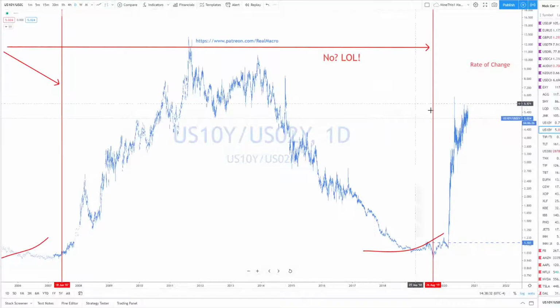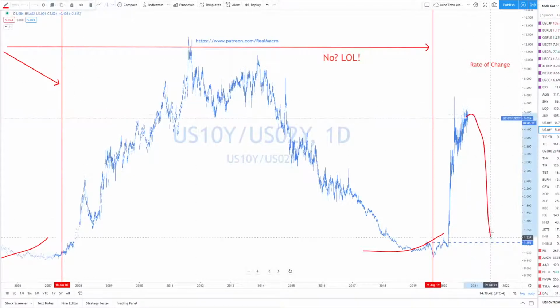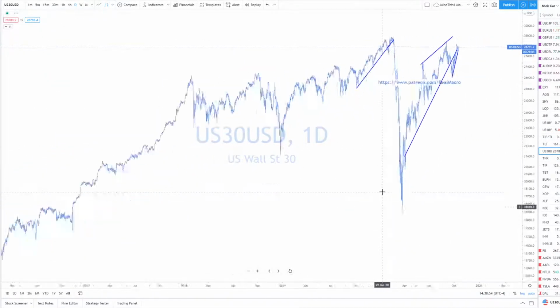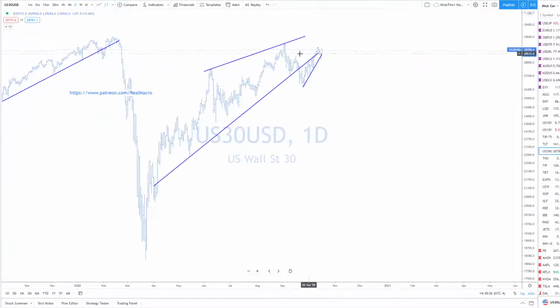10 twos, they're okay. Okay, so bank lending is okay. If this were to start to reverse, I would worry. As long as it's rising, it's up here. That's fine. For banks, 30-year broke down, popped back up, going sideways.